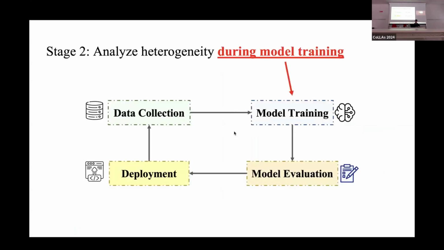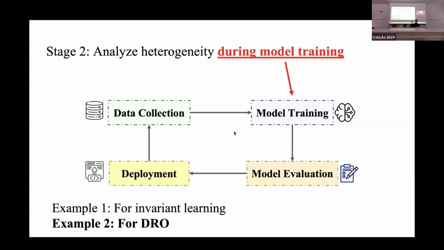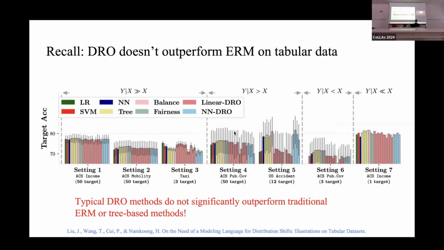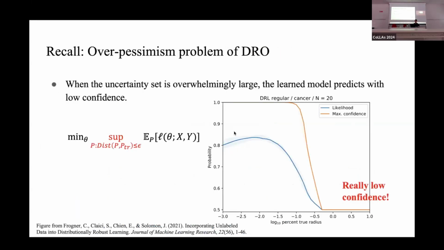Then we come to the second example for DRO methods. Recall that DRO does not outperform ERM on tabular data, and it also cannot outperform tree-based methods. And recall the over-pessimism problem of DRO; here we provide another example. It's a binary classification task.